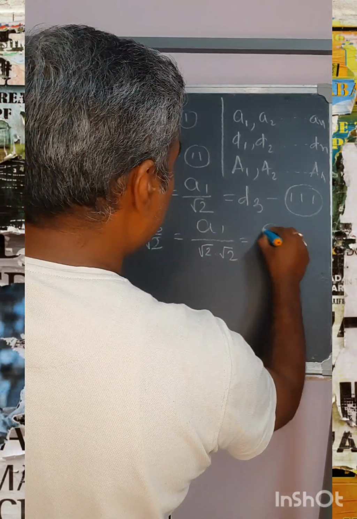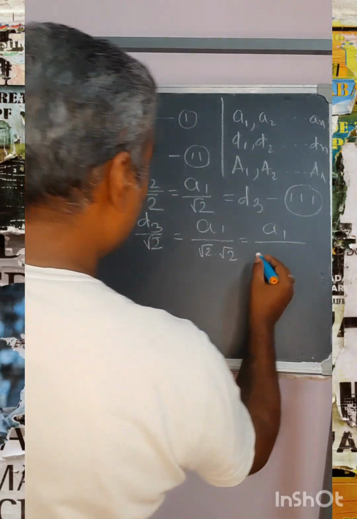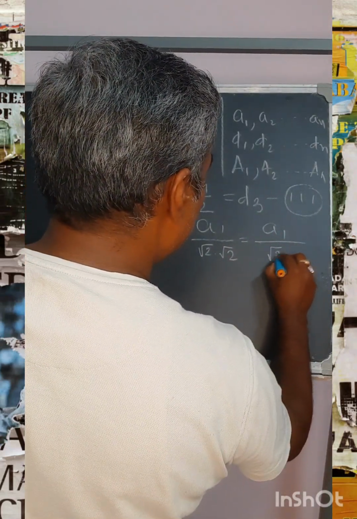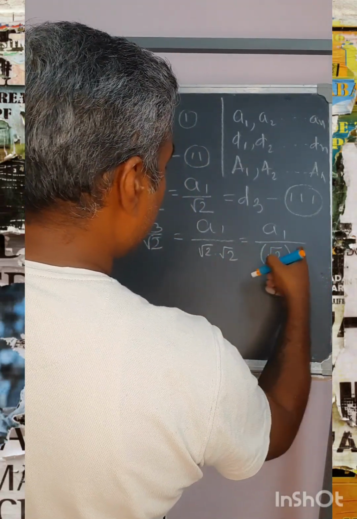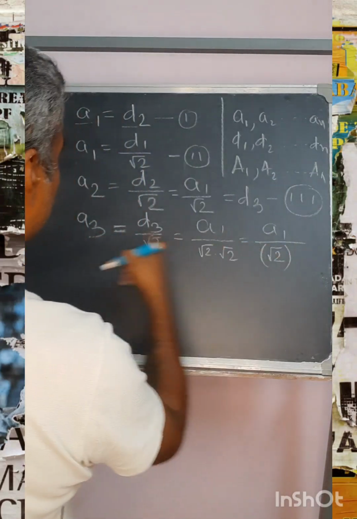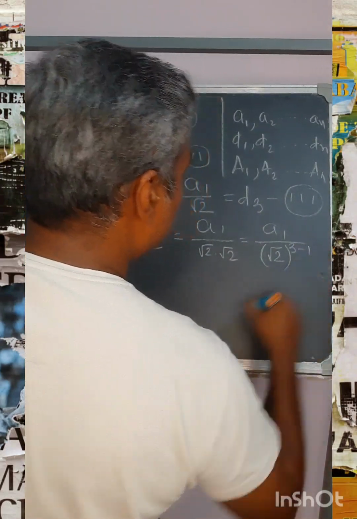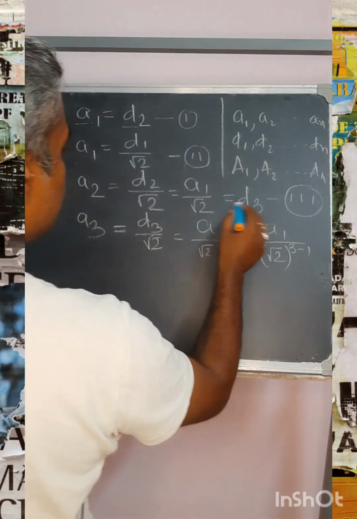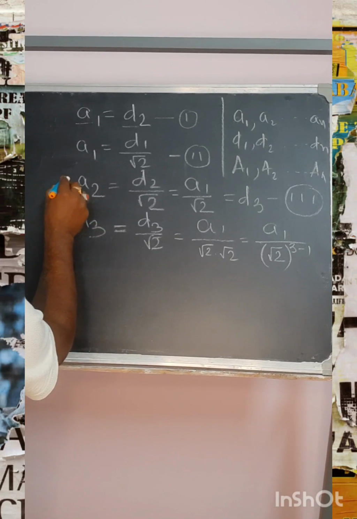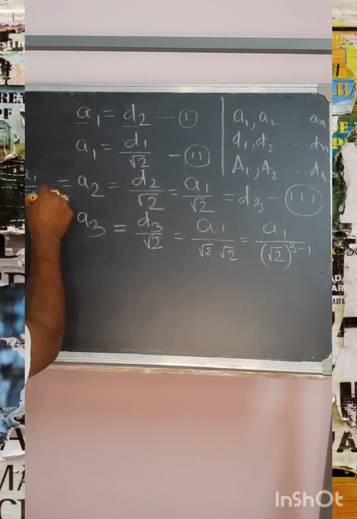Here I want to represent it in a common form, in the form of a power: this is nothing but a square, so it will be represented as a1 upon root 2 whole power 3 minus 1.